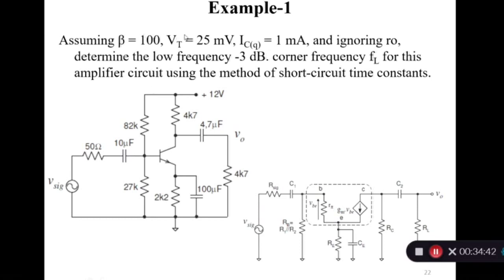Beta 100, volt divided by 1, you get the 2.5 kilo. So you can calculate the value of resistance looking from C1. Same process you can follow for capacitor 2 to calculate the resistance looking from C2, and then you have to use the formula to calculate the resistance looking from CE.